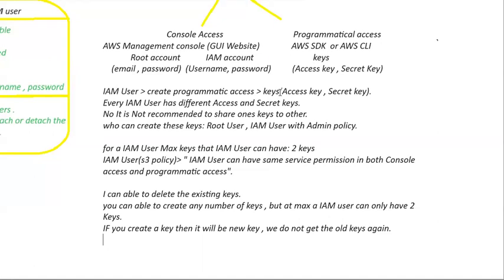So whenever you create a secret key and access key for programmatic access for a user, immediately share it with that user, because if you close that window in the console, you cannot see it again. That's why it is recommended to download the file and share it with the IAM user to whom you want to provide that programmatic access.